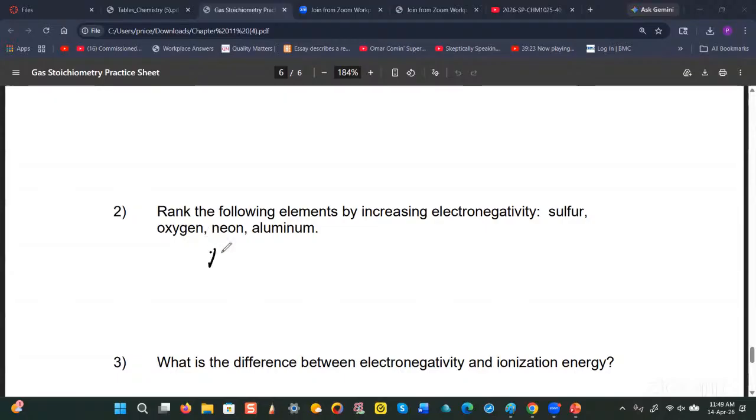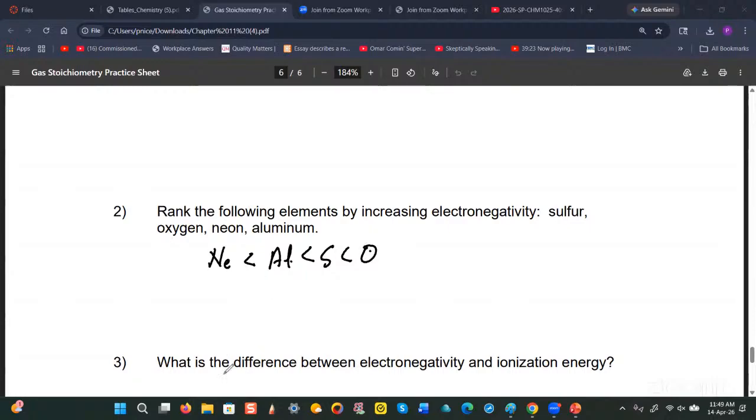So I'll put neon here. Now, my question to you is, what would be the next element in terms of increasing electronegativity? We have sulfur, oxygen, and aluminum. Aluminum, I would agree with you there. And then what? Sulfur. Then sulfur, and then oxygen. And that will be it.